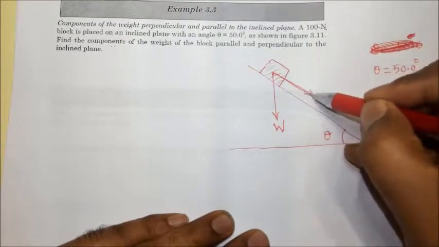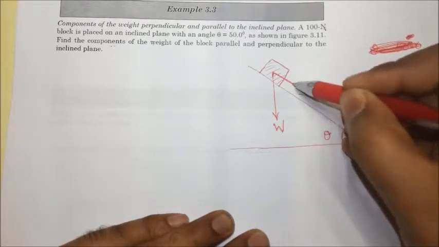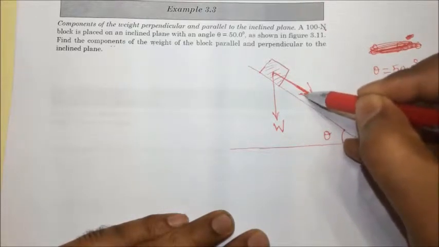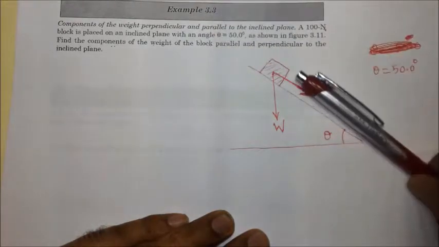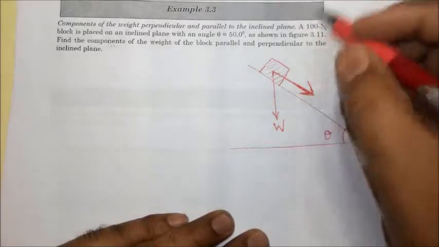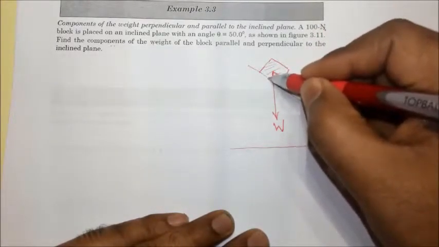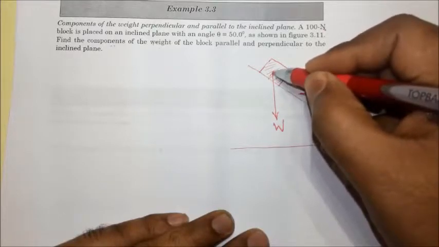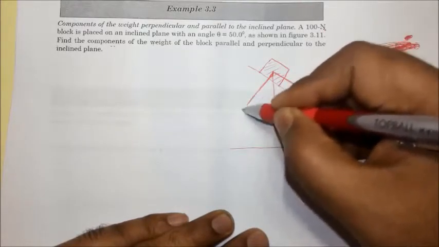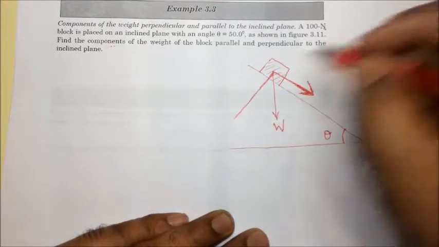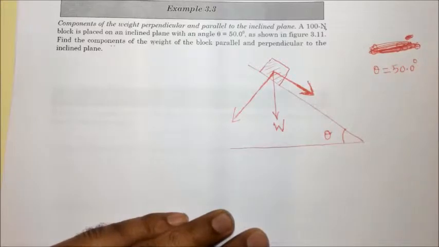Parallel is along this line, and perpendicular means 90 degree, the line that makes 90 degree to the surface of the incline. So what are these two components of weight going to be?